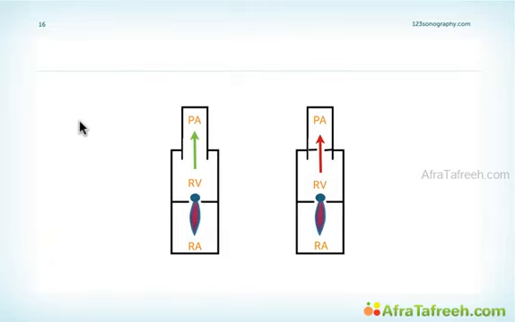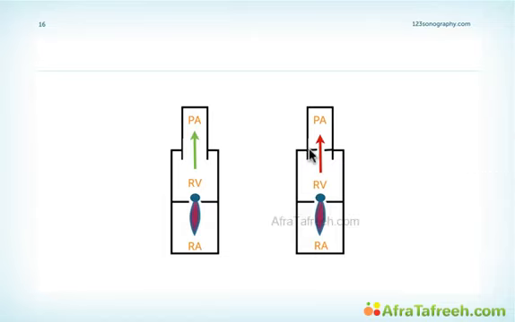So Thomas, can you explain to us why we have high TR velocities without pulmonary hypertension in these patients? Well, normally we have free communication between the pulmonary artery and the right ventricle during systole. Therefore, we have the same pressure in the right ventricle as we have in the pulmonary artery.